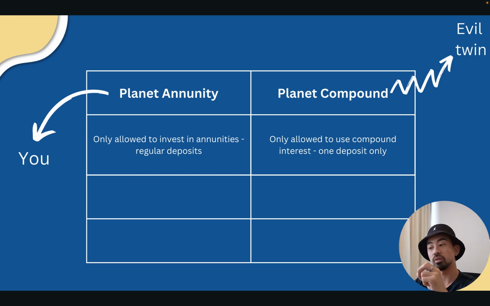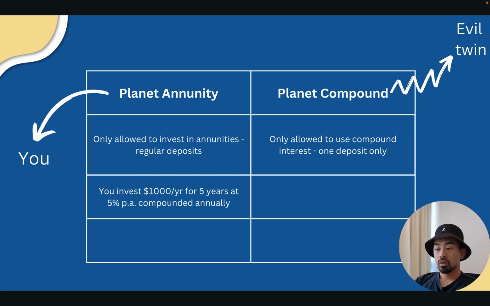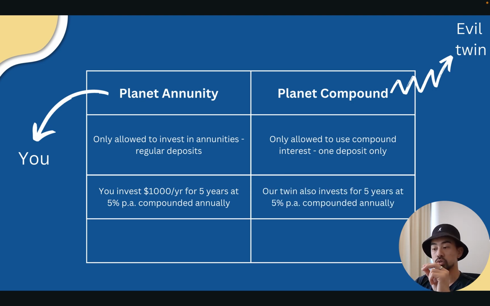So in other words, he can only invest one lump sum of money and then just leave it. Okay? Now, I'm going to ask you to repeat the same condition, so $1,000 per year for 5 years at 5% compounded annually. And your twin also gets those same conditions with respect to the time, so 5 years, and also the compounding rate, which is 5% per annum.